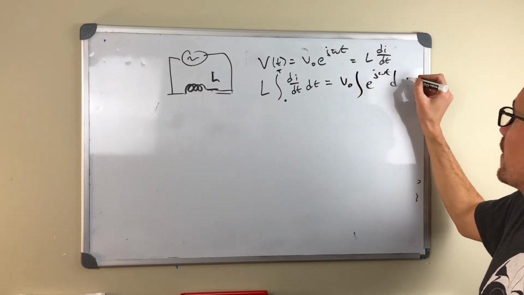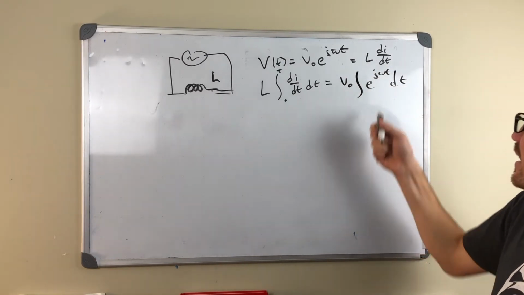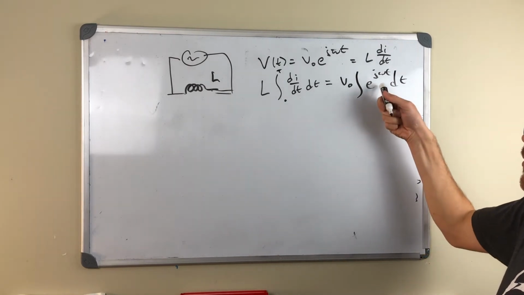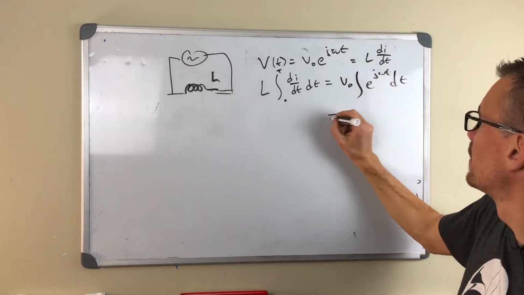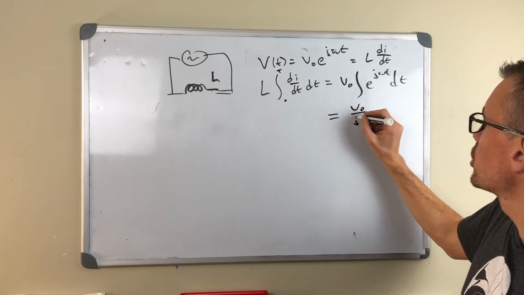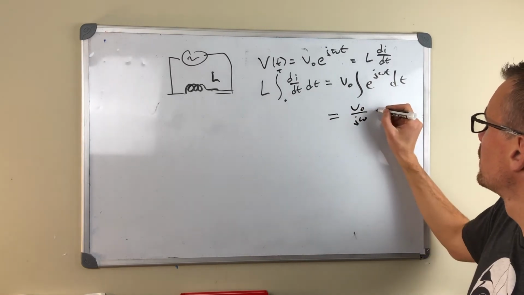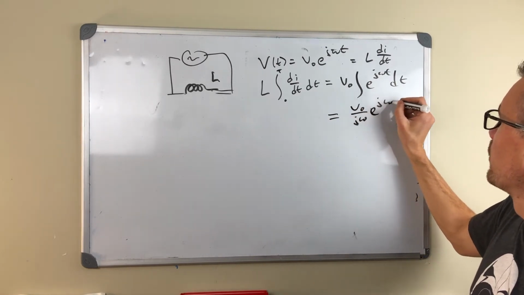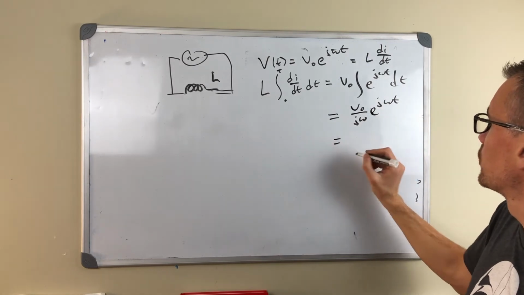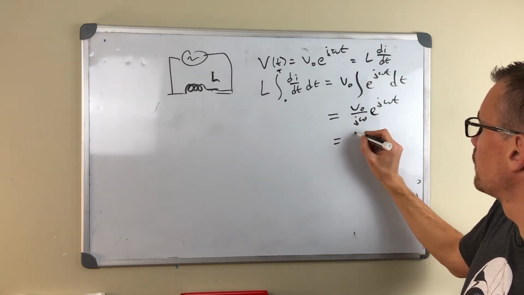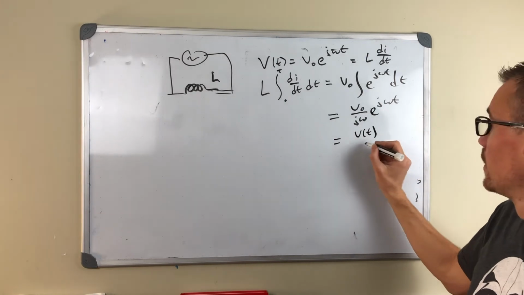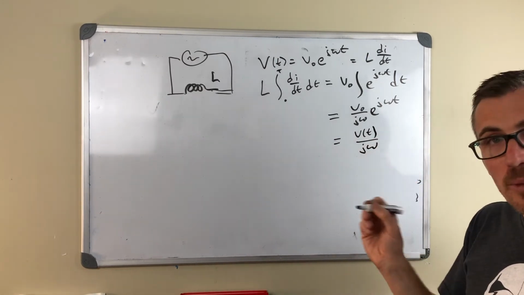I love complex exponentials. Very easy to take the integral and the derivative of, right? That's just going to bring down a j omega. So we're going to get V naught over j omega e to the j omega t, and that's equal to V of t, the original voltage, divided by j omega.